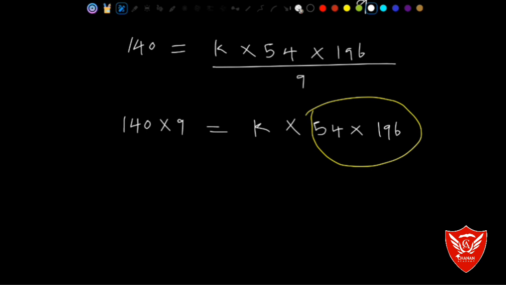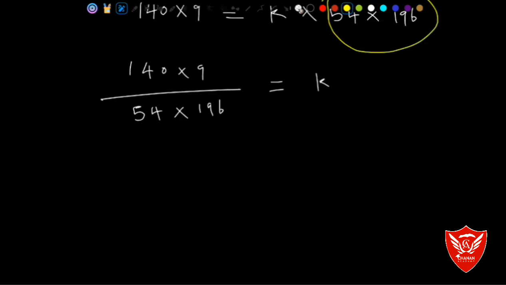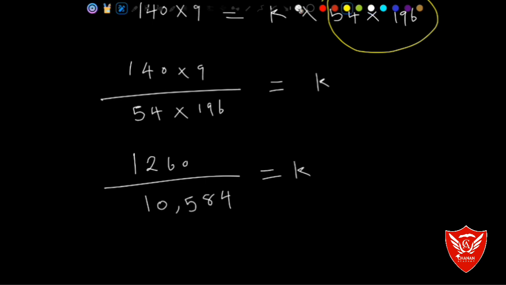So we're going to have 140 multiplied by 9 all over 54 multiplied by 196 equal to K. When we multiply this, we are going to have 1260 over 10,584 equal to K. However, the simplest way would have been to look for what can divide the numerator and the denominator, so you don't have this outrageous number. But for the sake of simplicity, we just bring out the outrageous number.